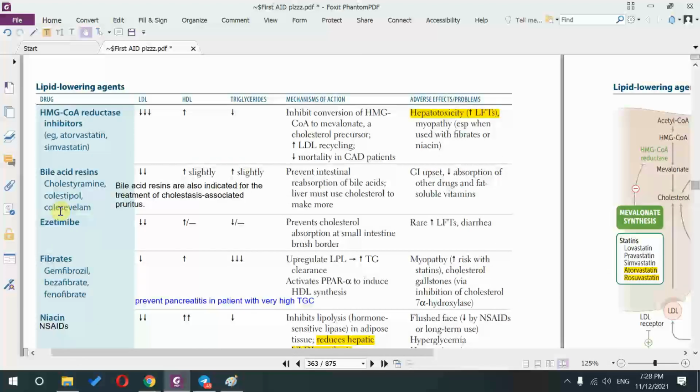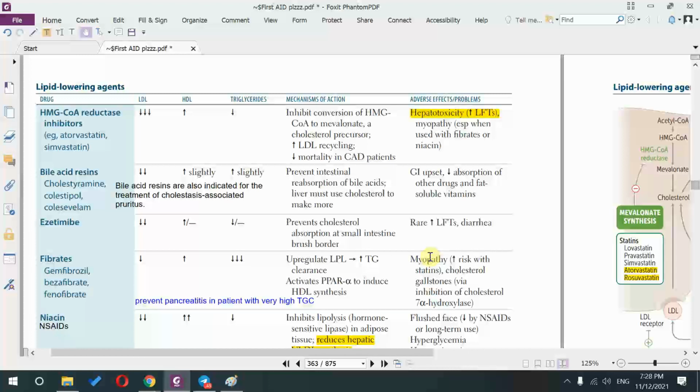So, if that is the case, there will be a highly reduced amount of LDL. It prevents cholesterol absorption at the small intestine brush border. And there will be an increase in LFTs like most of these drugs, and you can just think about it. Less cholesterol absorption from the intestine. Obviously there will be diarrhea.